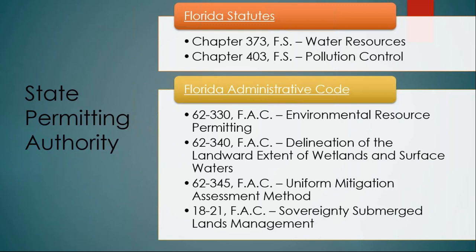And then I also tossed in 18-21 of the Florida Administrative Code for sovereignty submerged lands management. But these are just some of the ones that the DEP or the Water Management District have authority over. I also want to note that as a part of the environmental resource permitting process, there is coordination with the Florida Wildlife Conservation Commission and then even the State Historic Preservation Officer as needed.